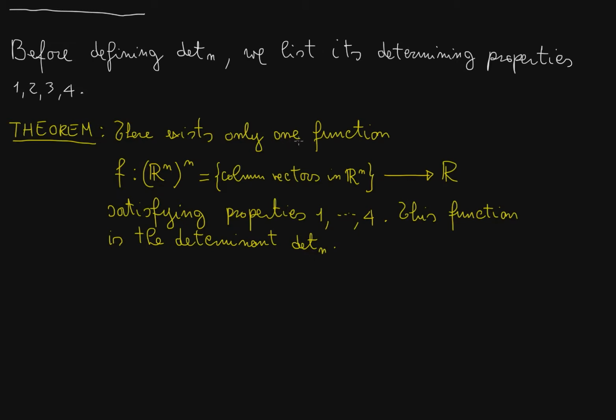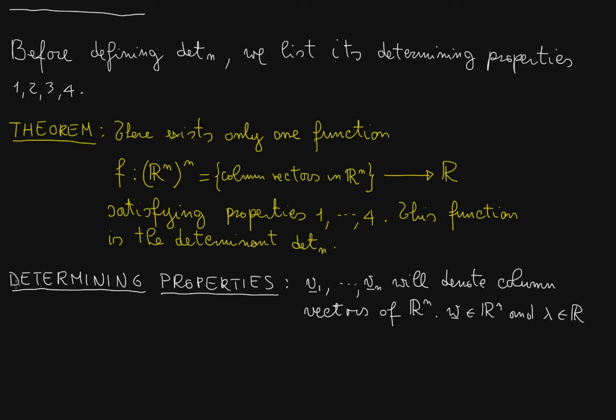Theorem: there exists only one function going from the set of n-tuples of column vectors in R^n to R, satisfying the properties that we are going to list now, 1 through 4. And this function is what we will call the determinant. So there will be just one, and this theorem is especially important to prove certain properties of the determinant, as we will see in future lectures.